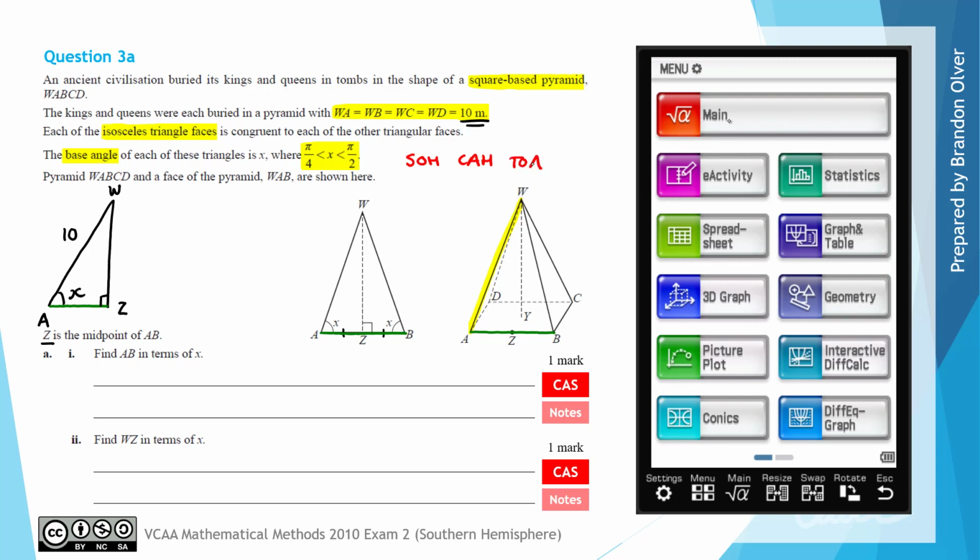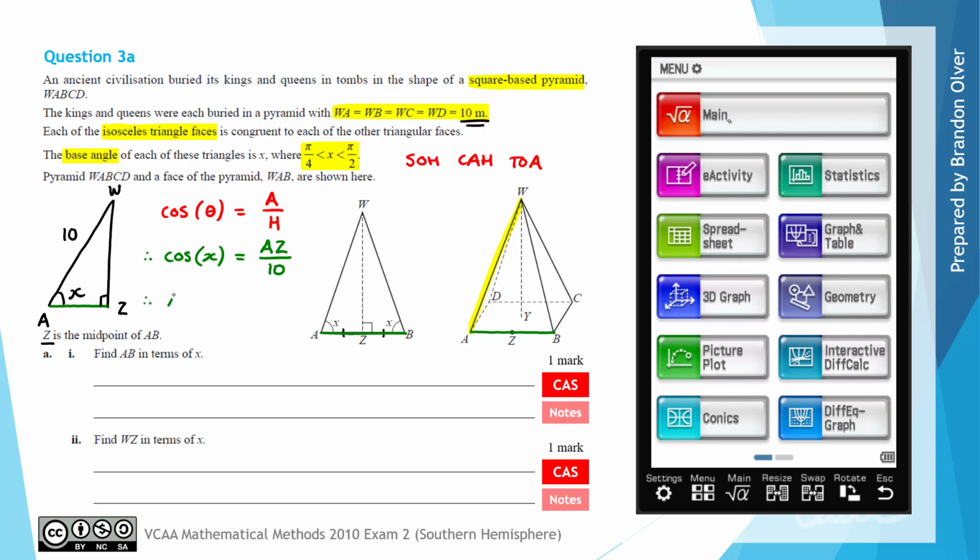So we know that SOHCAHTOA will apply. And in relation to this x, AZ is going to be the adjacent length. So I'm actually going to start with cosine of theta is equal to A divided by H. So therefore, for this diagram, we'd have cosine of the angle x is equal to the adjacent, which is AZ, divided by the hypotenuse's length of 10.